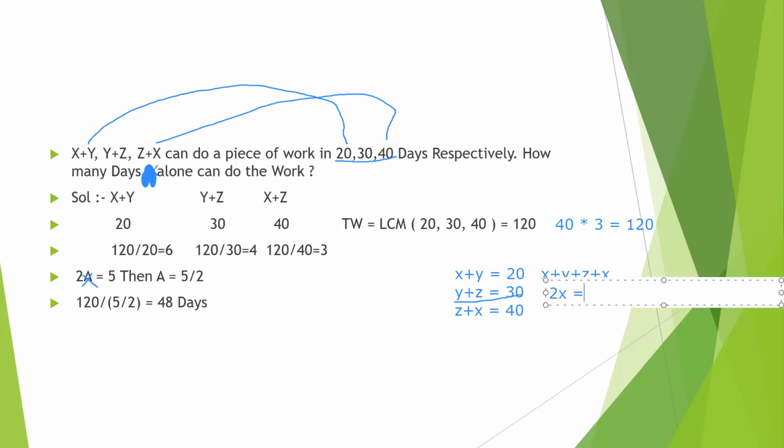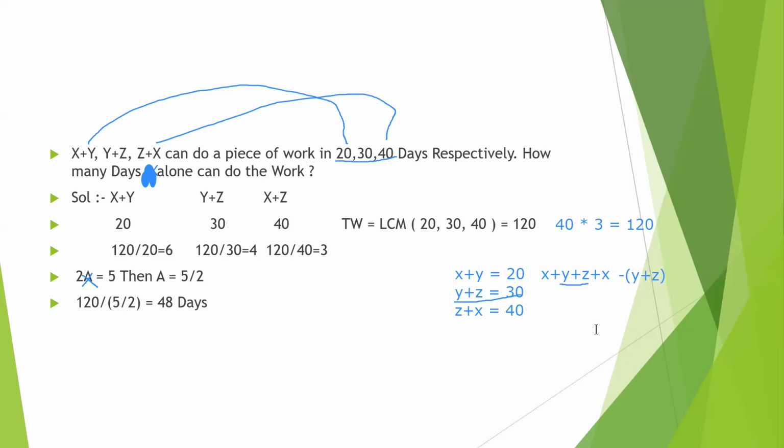That is 2x equal to, now 2x, y plus z equal to 30. Or here we can write minus of y plus z.